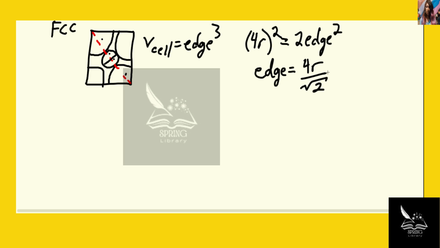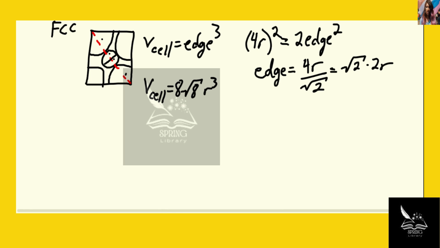And if we clear the fraction, that's equal to root 2 times 2r. Okay, so now we know that the volume of our cell is going to be equal to 8 square root 8 r cubed. If we go ahead and do a substitution of this and cube it all, 2 cubed is 8, and then we have an r cubed left over, so the volume of our cell is 8 root 8 r cubed.